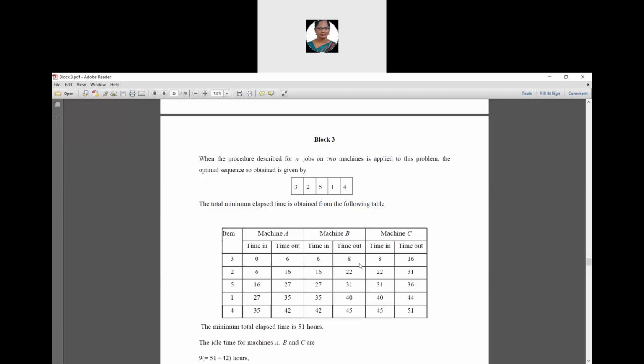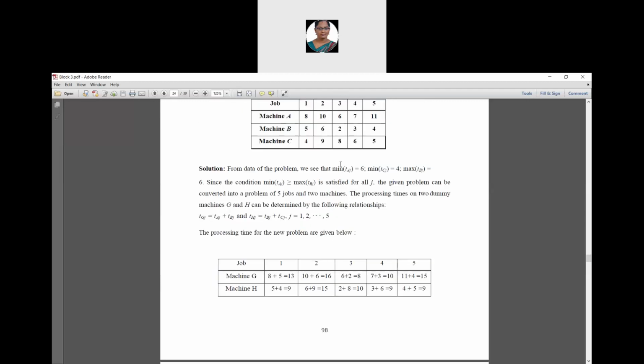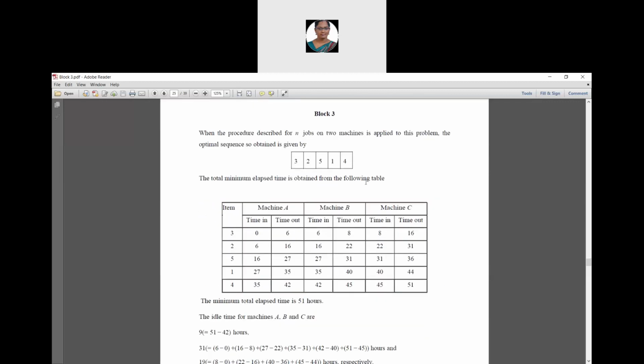For machine B, we have to add in value 6 plus the processing time for job 3 in machine B, which is 2. So 6 plus 2 is 8.